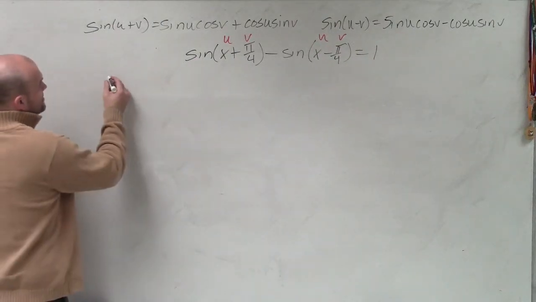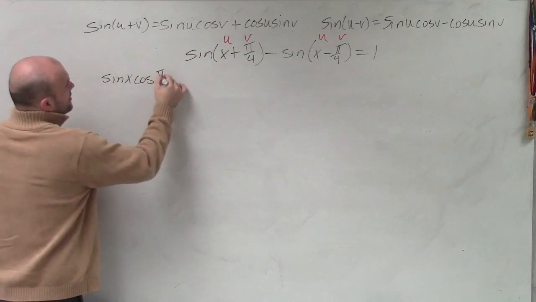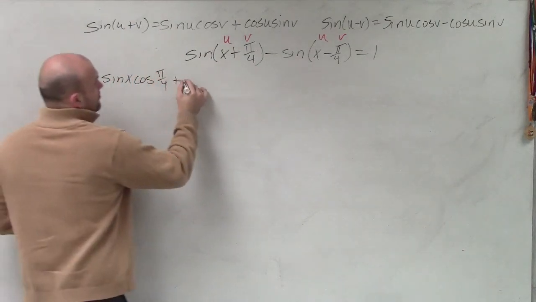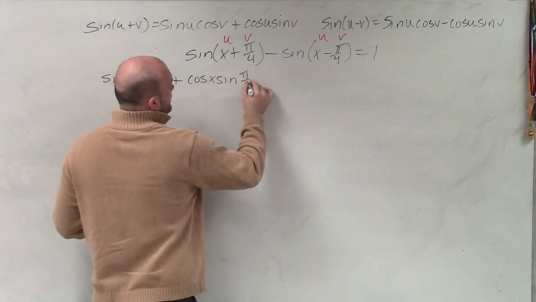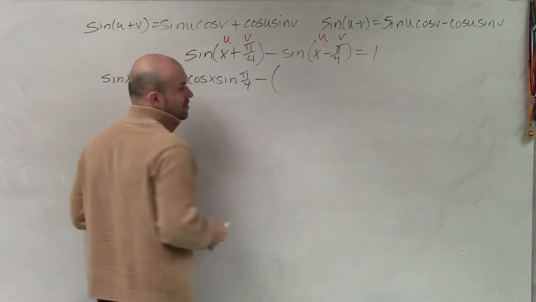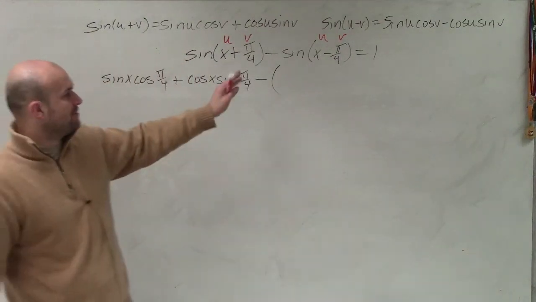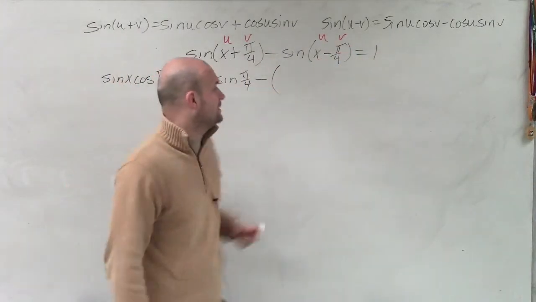So when I do that, I now have the sine of x cosine of pi over 4 plus cosine of x sine of pi over 4 minus, and I'm going to put this in parentheses so I don't mistake my parentheses, because remember that negative sign is going to distribute across this whole formula.